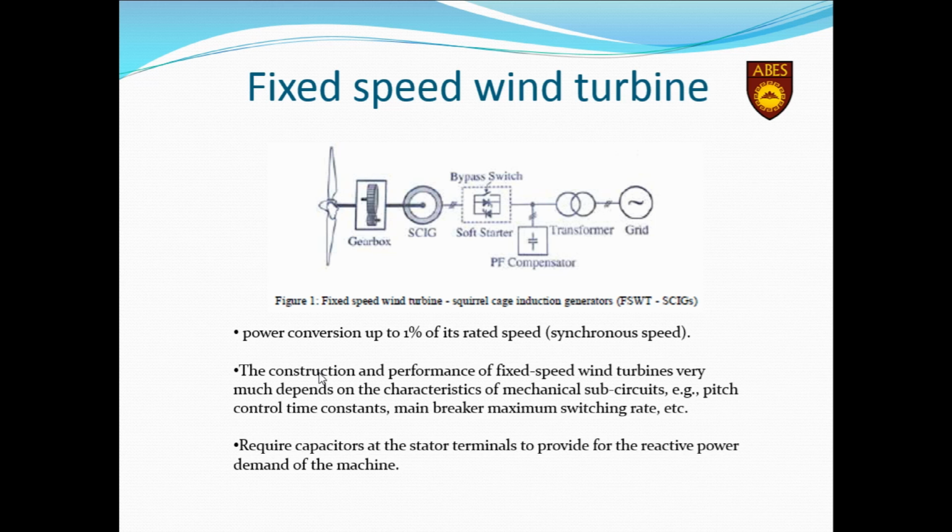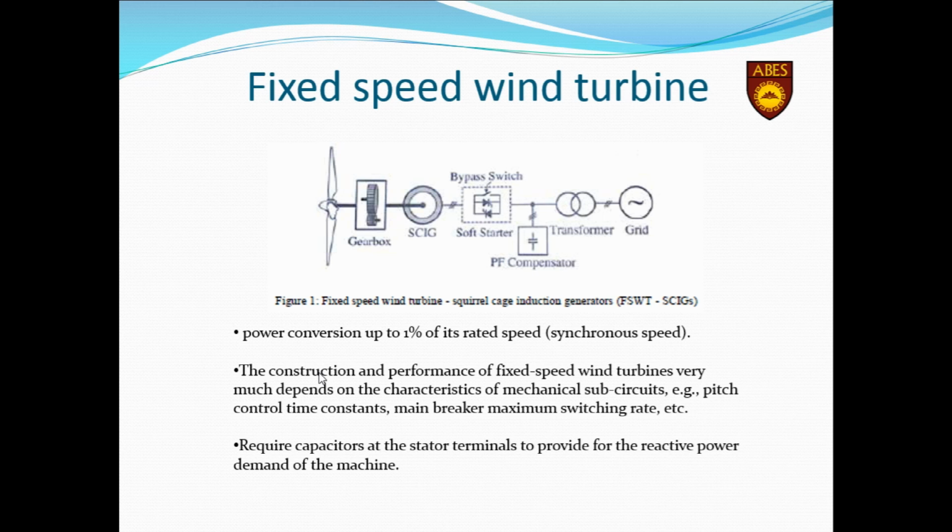Also, in a fixed speed wind turbine, as a squirrel cage induction generator is used, we need to give reactive power to the machine. So we have to provide a capacitor bank or STATCOM or DVR or something which could produce the reactive power and feed it to the squirrel cage induction generator.